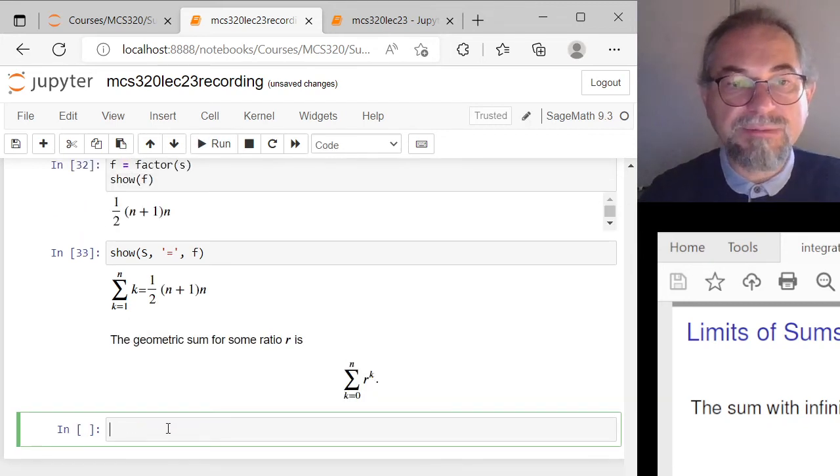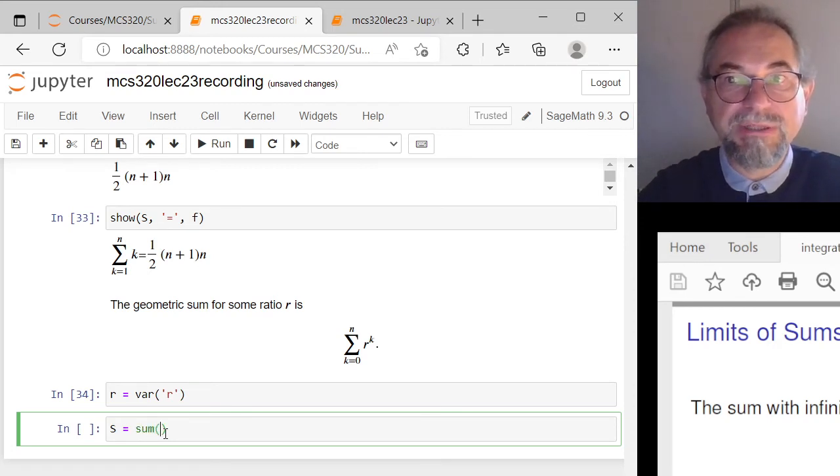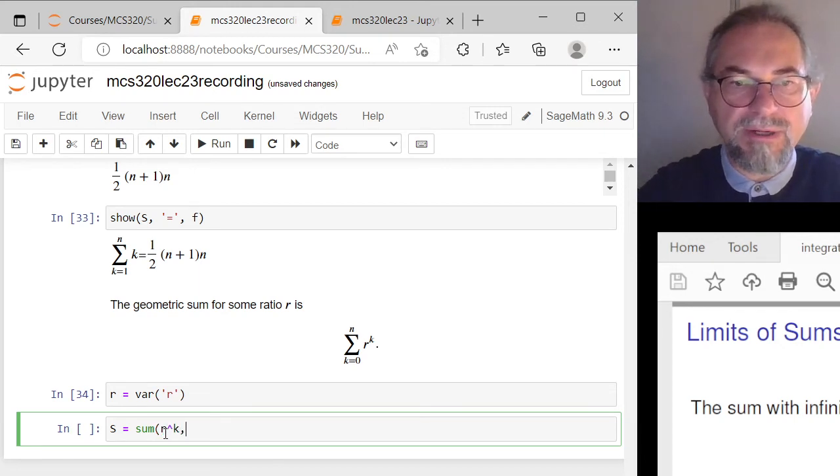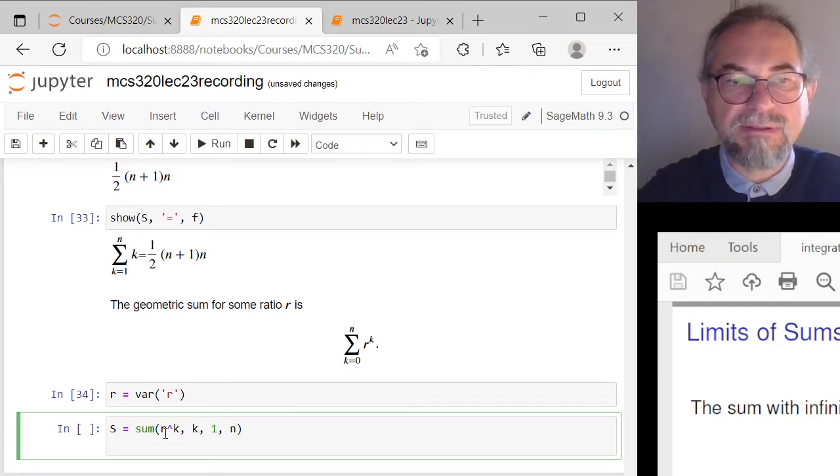I can also express this with a formal sum after declaring the variable. So this will be the SageMath sum of r to the power k, where k was already defined as a symbol, also s is the symbol. And here let me again do hold equals true.